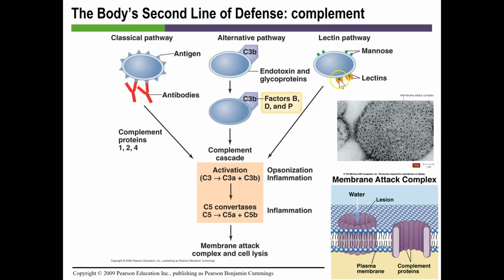If you look here, this cell, probably a bacterial cell, has mannose on the surface. Our cells do not have this carbohydrate. So if mannose is detected, lectins bind to that and flag it as something that is not recognized. That will activate complement.